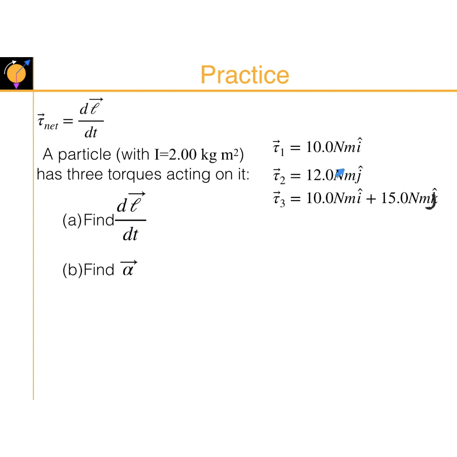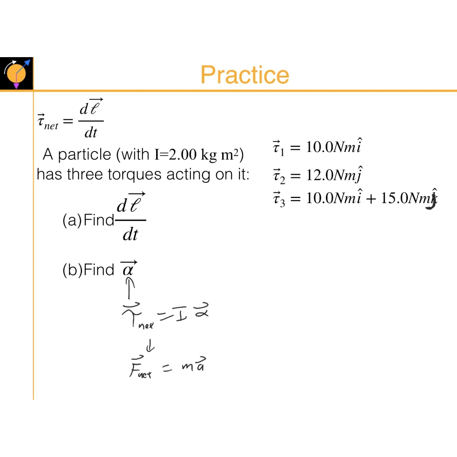We just find the net torque, and that's equal to the rate of change of angular momentum. Then we're going to use that to find alpha. Just remember that the net torque is equal to I alpha. So once we find the net torque, we can find alpha. Just as a reminder, the net force is equal to ma. It's just the rotational version of that.